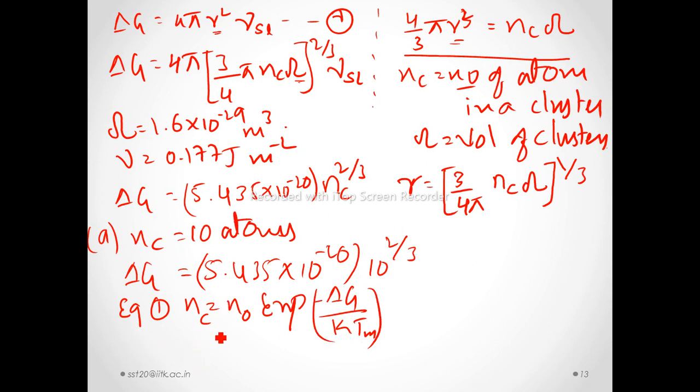Okay, then substituting all these values, we will get NC as 9 into 10 to the power of 13 clusters per meter cube.